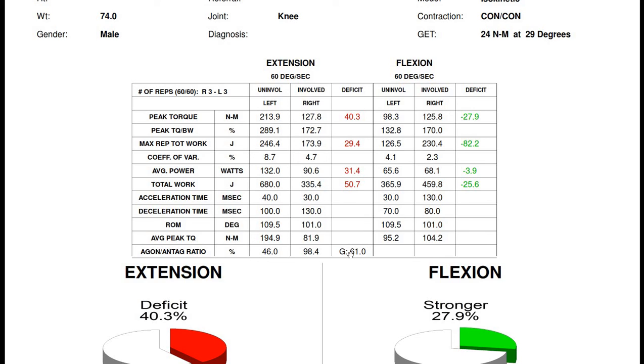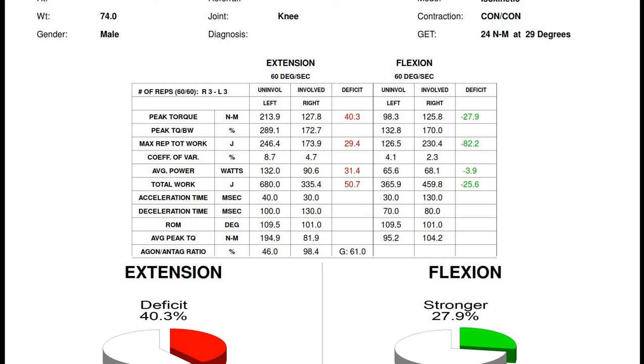So this could be tackled in several ways. Again, this isn't a physio course, so we won't be. The way to think of this is that if the quadriceps strength is reduced for whatever reason, it will result in a greater HQ ratio.